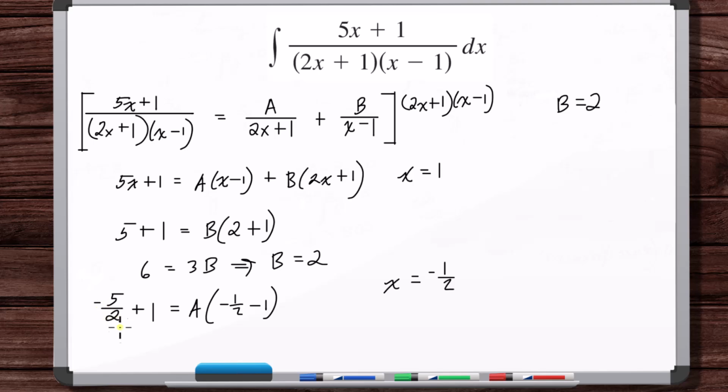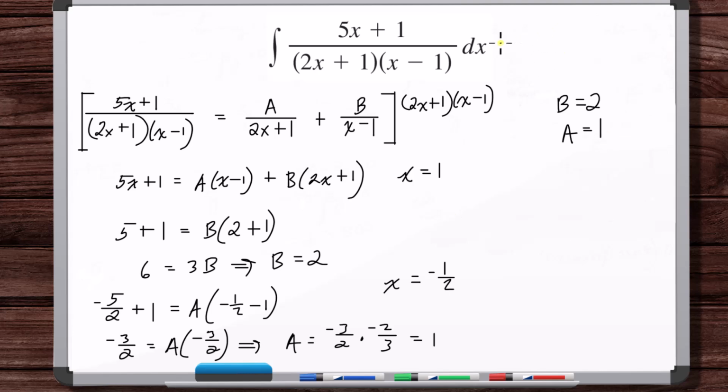So minus 5/2 plus 2 over 2 is minus 3/2, and then A, okay, so A is equal to minus 3/2 divided by minus 3/2, which is equal to 1. So A is equal to 1.